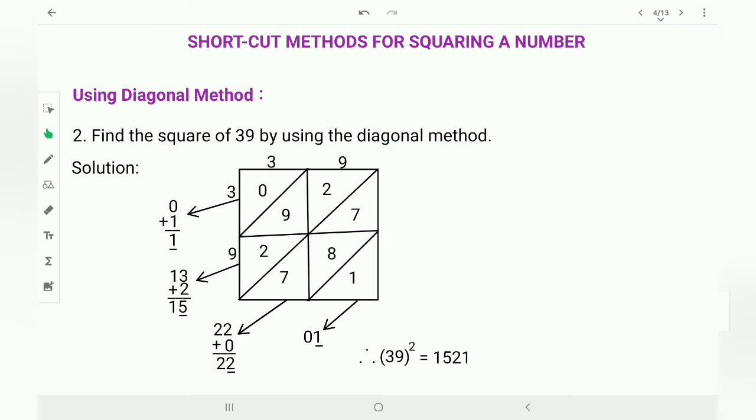After dividing the bigger square into smaller squares, you have to draw a diagonal inside each square.